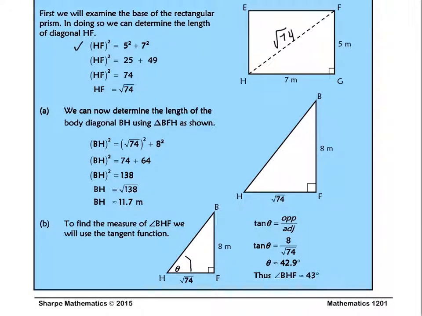We have the opposite and the adjacent, so we would use tan. Tan is opposite over adjacent, so tan of 8 over root 74. If we use our calculators and go inverse tan of 8 over root 74, we get 42.9 degrees, or approximately 43 degrees.